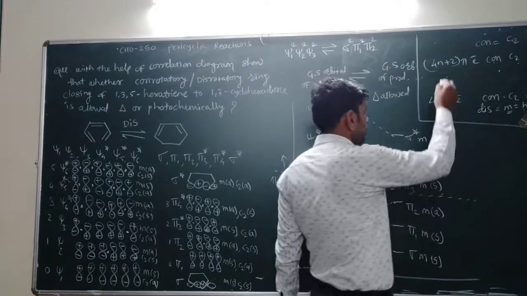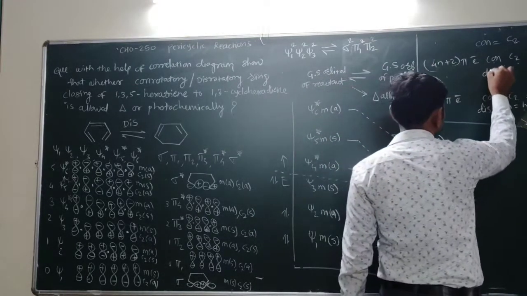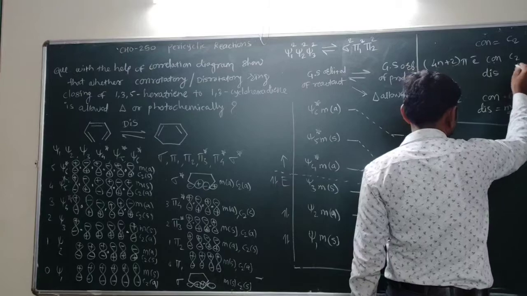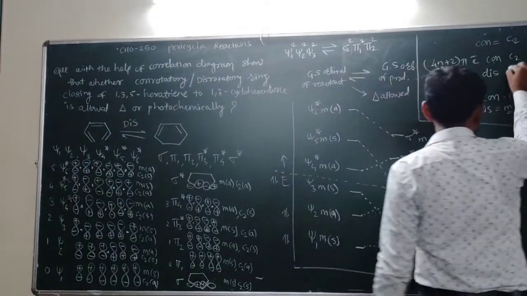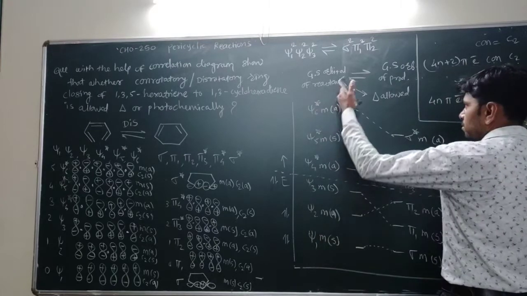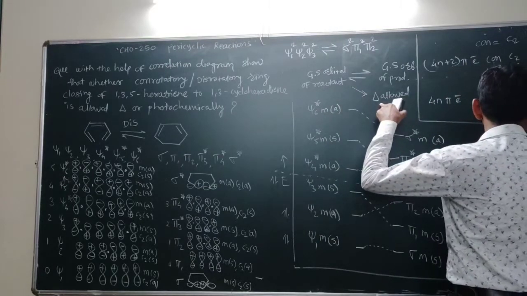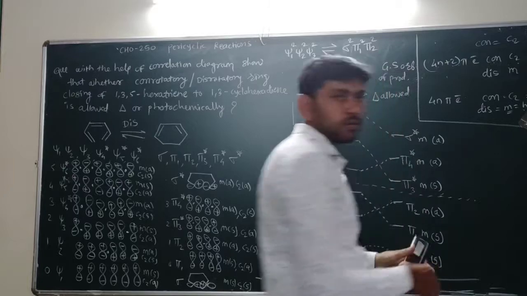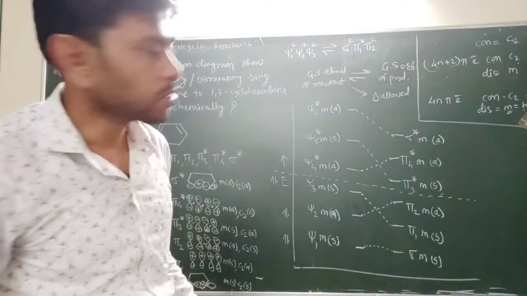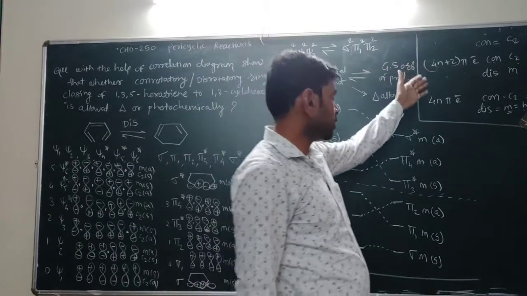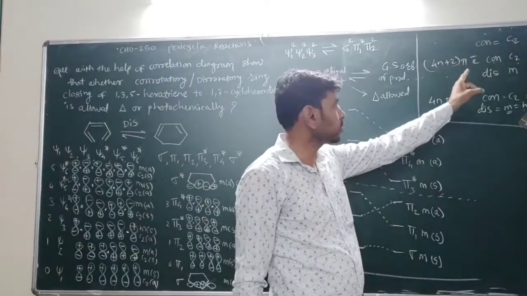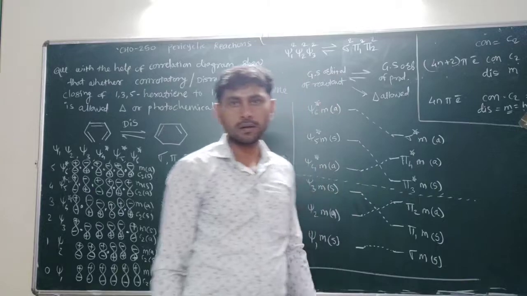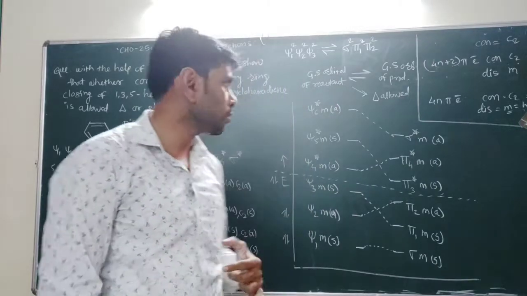Now here we have considered the disrotatory motion, and whenever disrotatory motion is there, there must be M symmetry, and by M symmetry this reaction is thermally allowed. So these are the selection rules we have discussed earlier. In the 4n plus 2 pi electron system, by conrotatory motion C2 symmetry is required and the reaction is photochemically allowed.